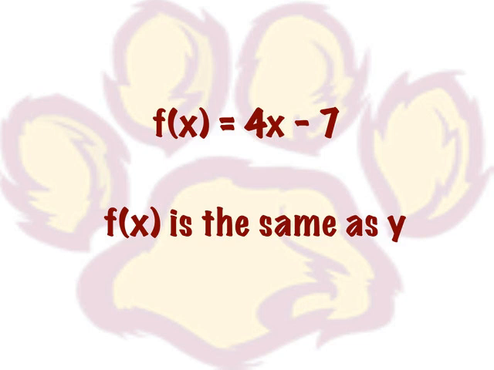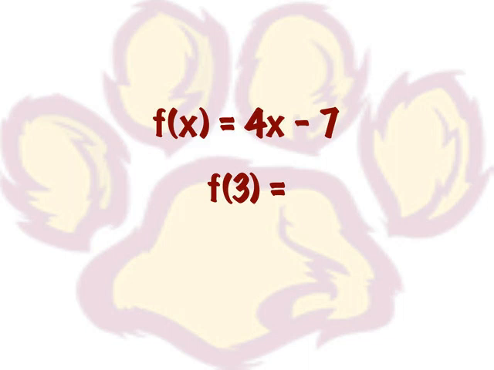But by writing it this way, you're going to be able to use what is called function notation. Function notation allows you to see things like f of 3. Well, if you look where we put the 3, it replaced the x value. So, in order to solve this and get an answer, we are going to replace the x in the equation.